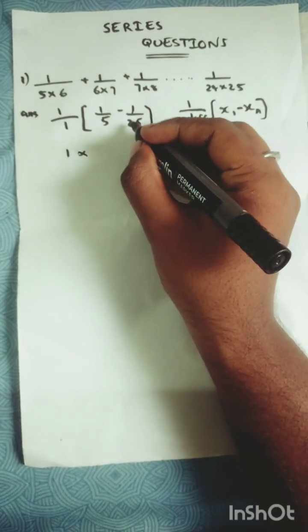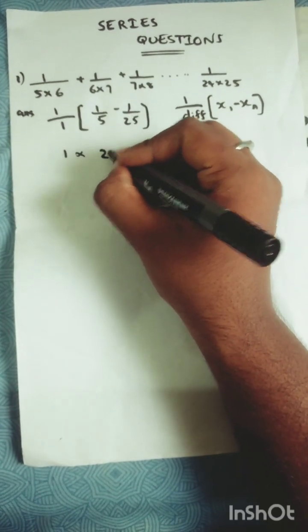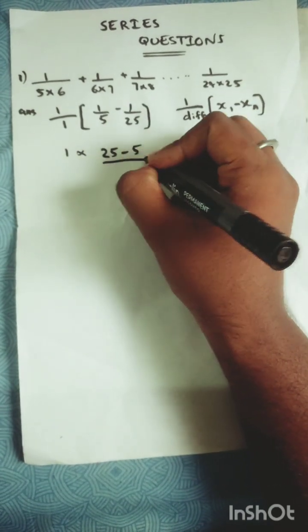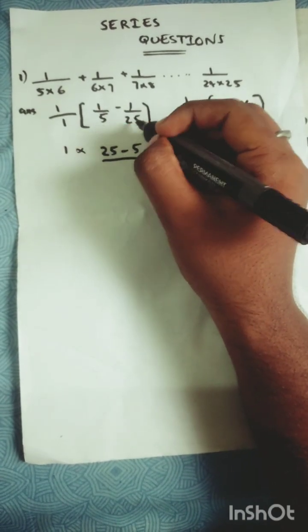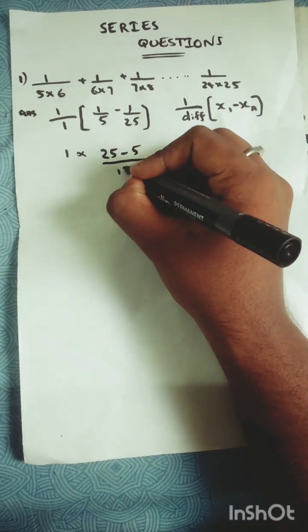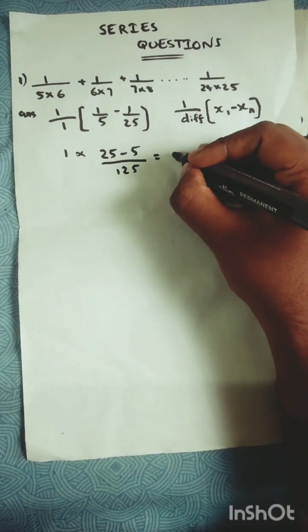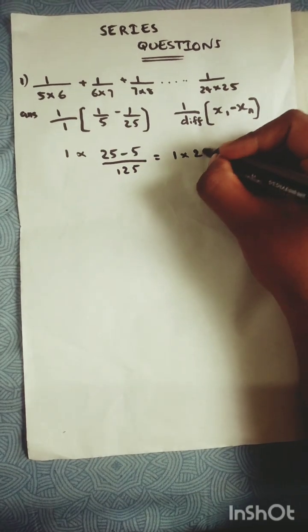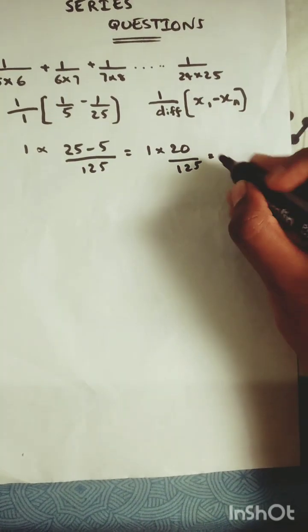Subtract these numbers: 25 into 1 would be 25, minus 5 into 1 would be 5, divided by the product of these numbers, 5 into 25, which is 125. 1 into any number is that number itself, so 20 divided by 125.